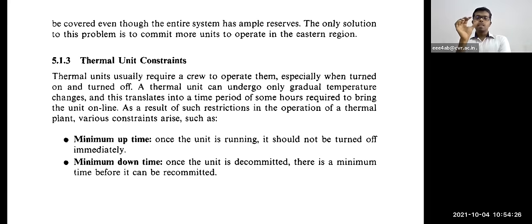Because if, for example, 1000 megawatt is in operation, you should not simply switch it off like a normal switch. We switch on the fan and switch off the lights and all, but we can't simply turn off the thermal generating unit like that. Some minimum time is required to turn off also.